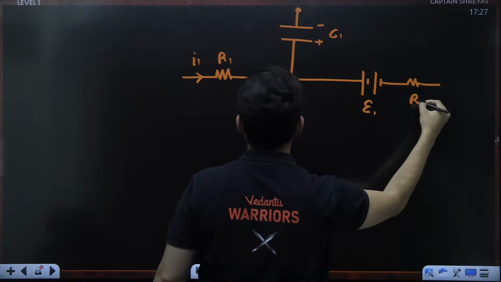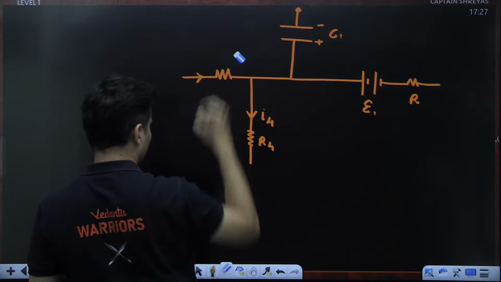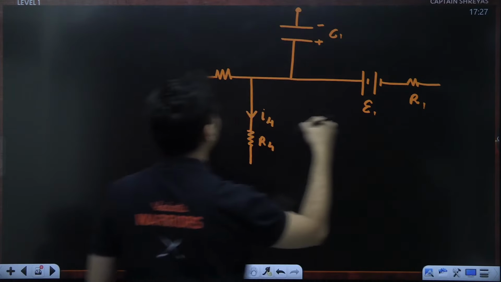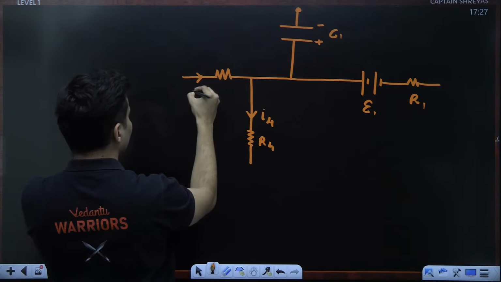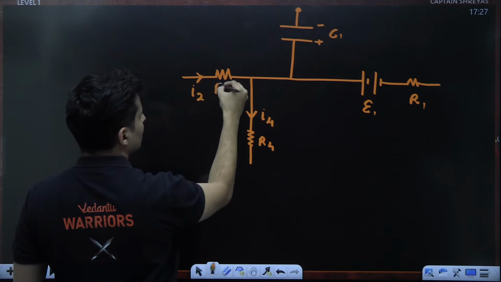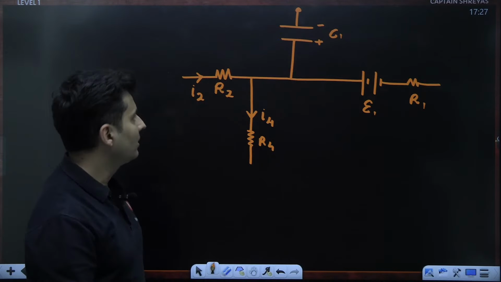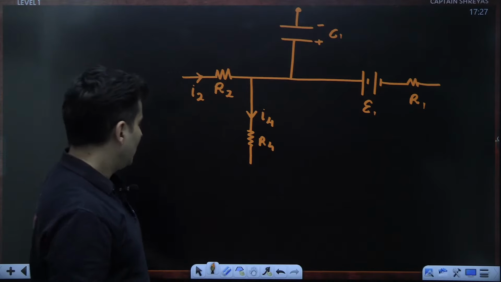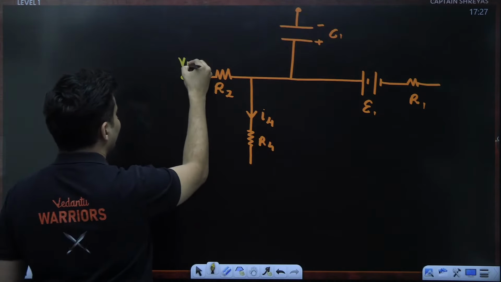This is R1, this is I2, this is R2. Some random things I have taken over here. And let's say, for example, they tell you this is having a voltage of V1.